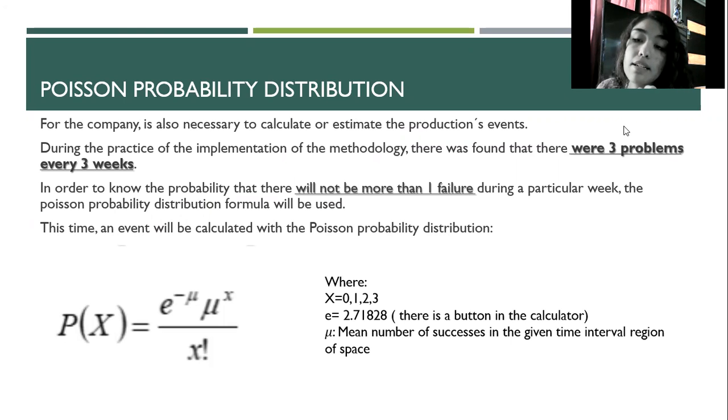The Poisson probability. Now we're going to use this formula, and this is used when we have the mean number of successes in a given time interval or region. In this case, it was found that in the process we have 3 problems every 3 weeks.